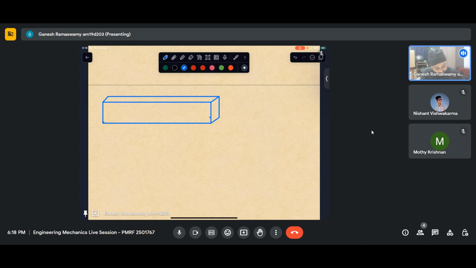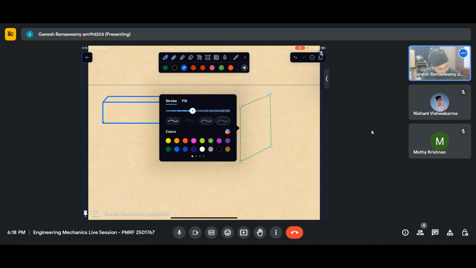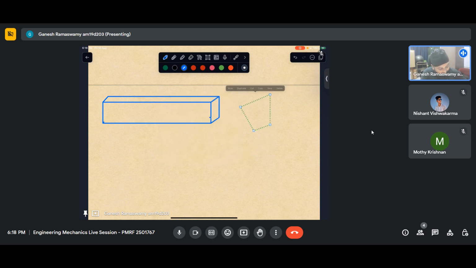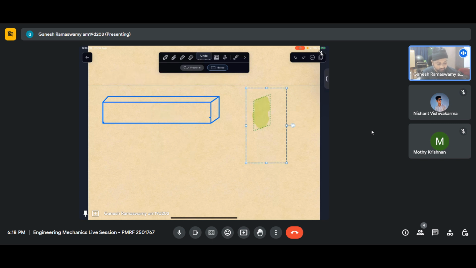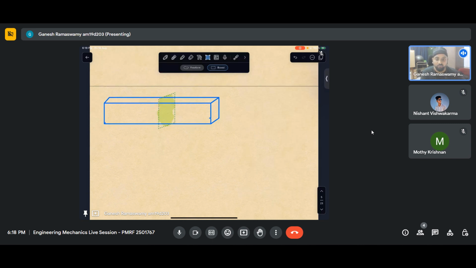Now what I'll do is I'll pass an imaginary section, a plane essentially. This is just an imaginary section. I cut this beam with a section like that. What this section will do is virtually cut that beam into 2 segments, and let us see what those are.